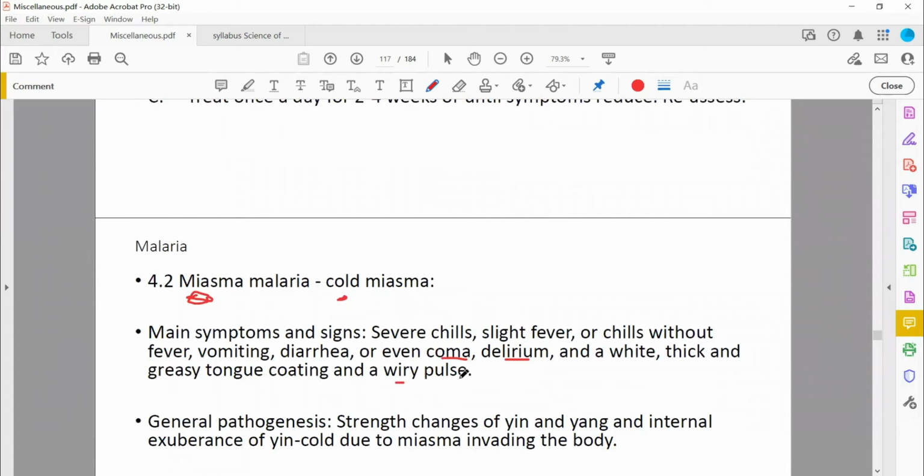So for these two types of miasma, the patient could have delirium, could have coma, right? That means the shen, the heart mind, is definitely disturbed. So that means it's severe, right? Coma is severe.